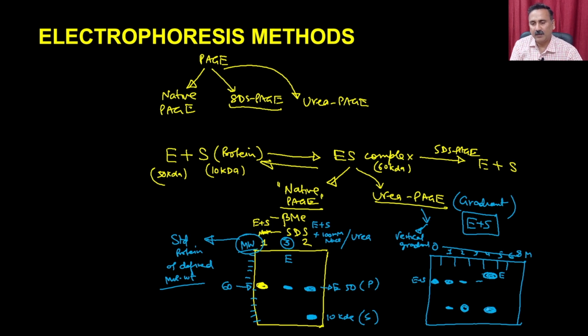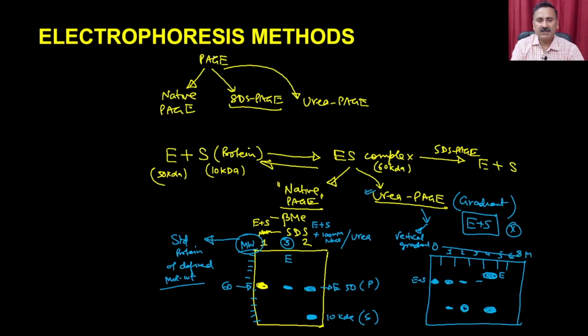So this is the place where the enzyme plus substrate is broken down. With the help of the urea PAGE, you can determine whether the enzyme substrate complex is formed, or how stable the interaction is. So SDS PAGE is a very robust technique to answer the question of whether the substrate is interacting with the enzyme or not, considering that the substrate is proteinaceous in nature.